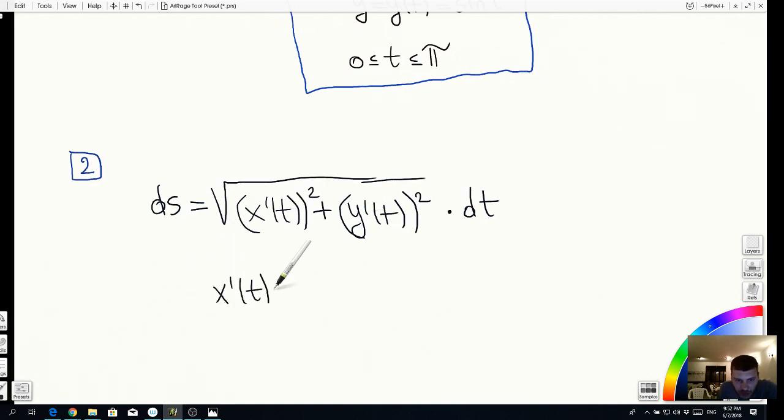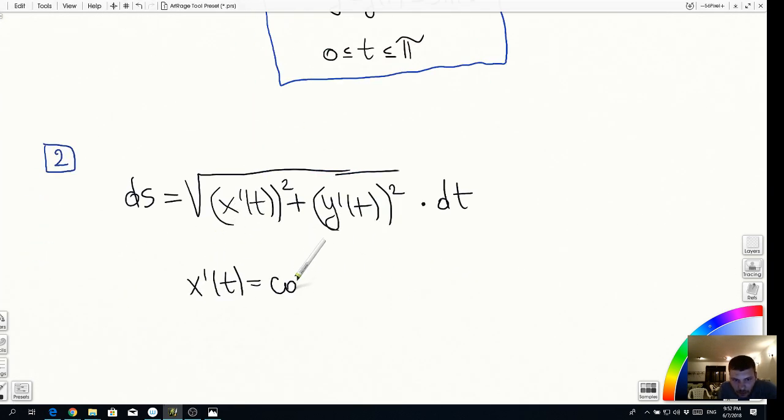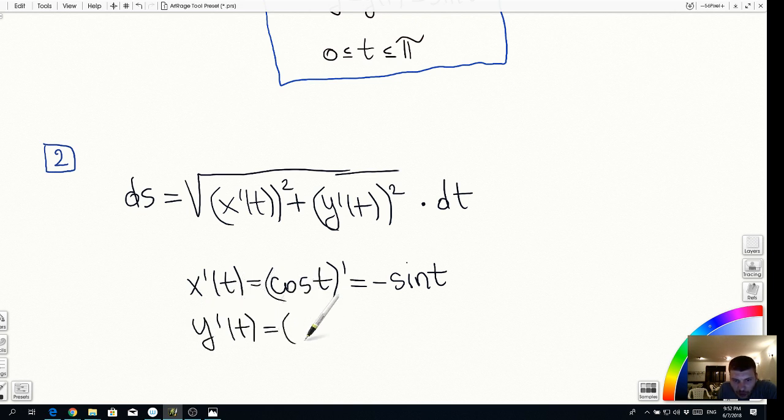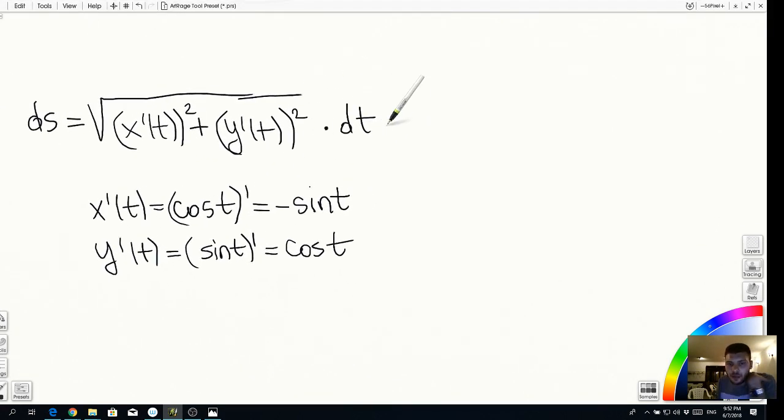Derivative of x is equal to derivative of cosine t, and that is equal to minus sin t, and derivative of y is equal to derivative of sin t, and that is equal to cosine t. Okay, and let's plug in our result here.